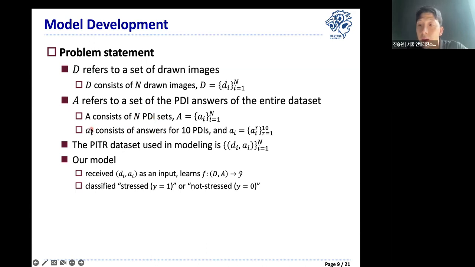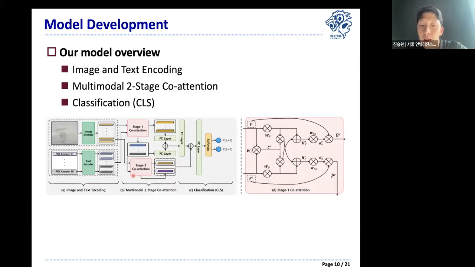Lowercase a sub i consists of answers for 10 PDIs. Therefore, our model, M2C, receives one drawn image and 10 PDI answers together at one time and classifies stressed or not stressed.